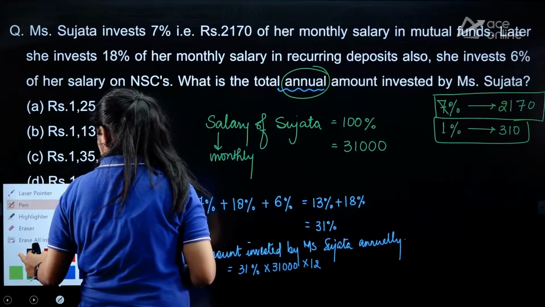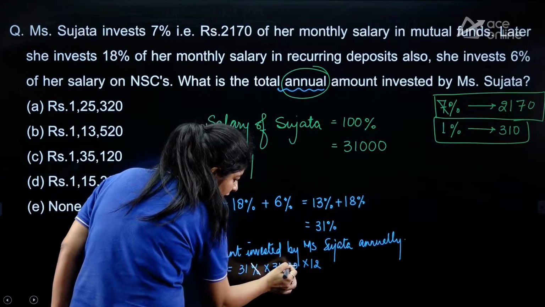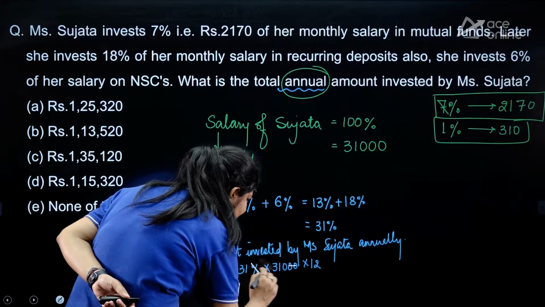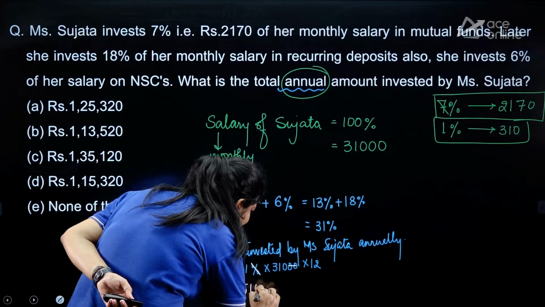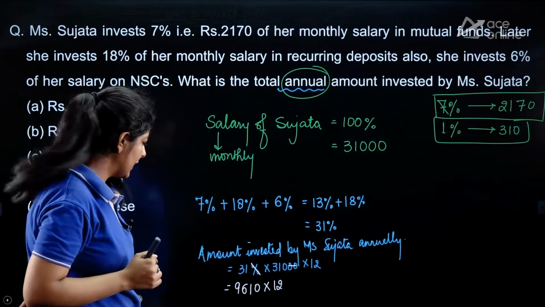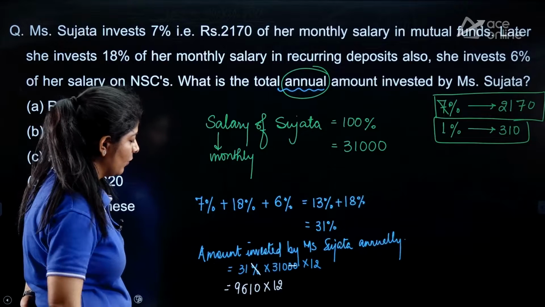Because of this percent symbol, these two zeros are eliminated. Here what we got? We got 9610 multiplied by 12. This is what we are having over here.